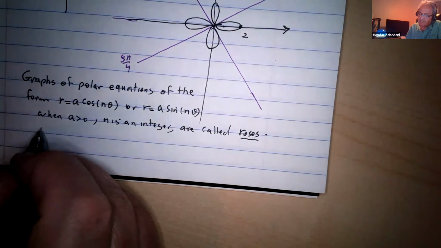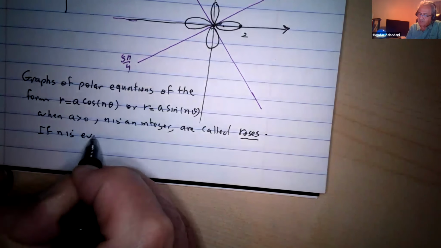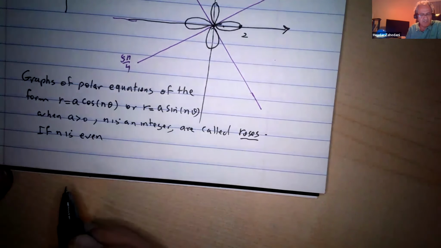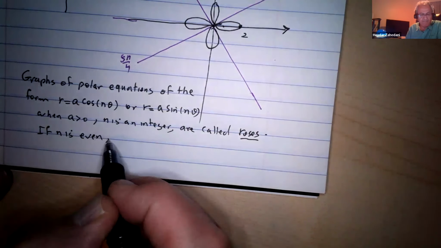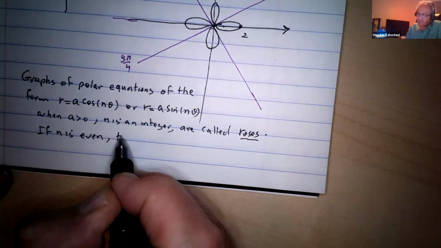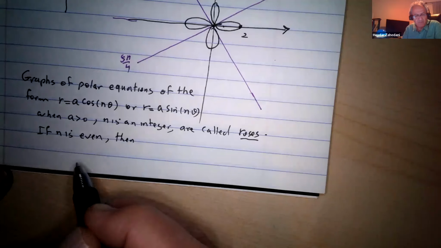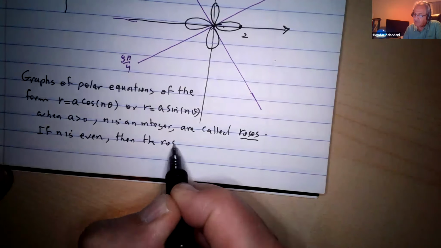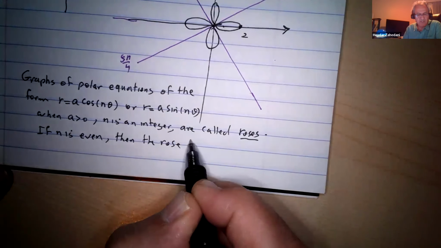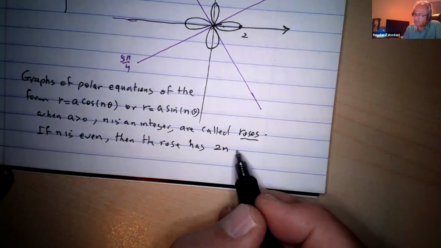Now, if n is even, as the one that we did, then you double it up to get the roses. If n is even, then the rose in this case has 2n petals.